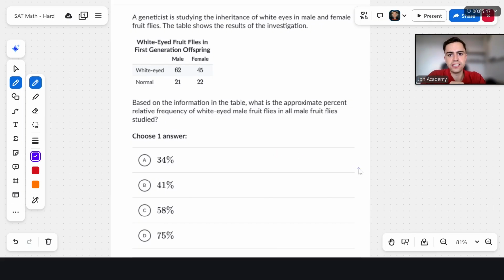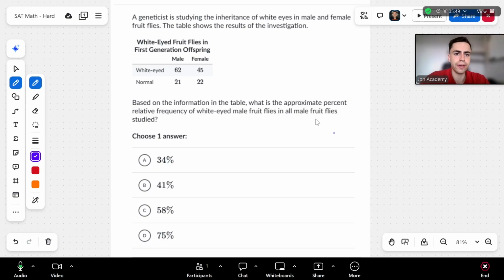A geneticist is studying the inheritance of white eyes in male and female fruit flies. Based on the information in the table, what is the approximate percent relative frequency of white-eyed male fruit flies in all male fruit flies studied? So they are asking white-eyed males, which is 62, over the total number of males, and the total number of males is 62 plus the normal ones, 21.